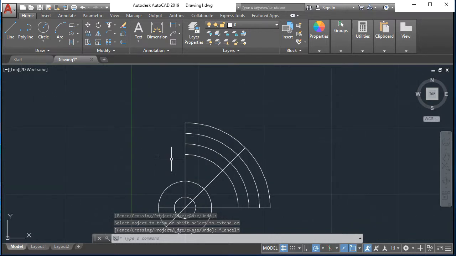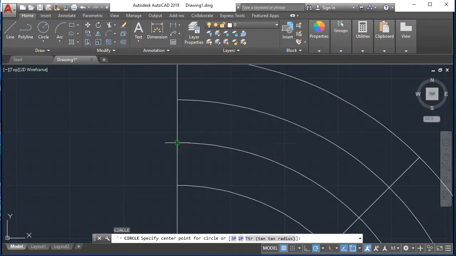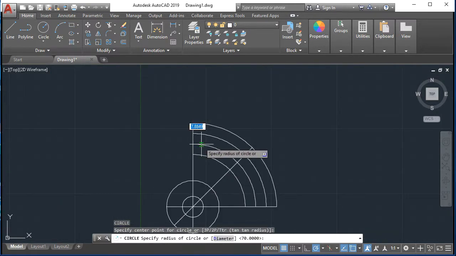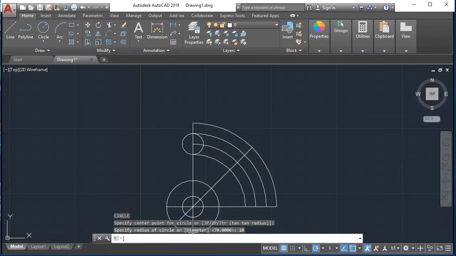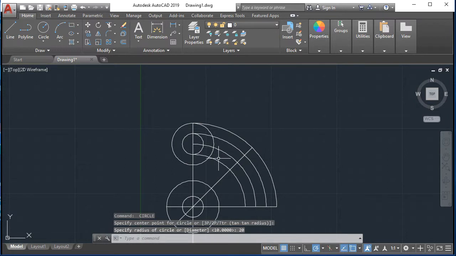Now again take the circle command. Enter, and this is the midpoint. This second arc's midpoint, with the radius of 10. And again circle with the same base point, radius is 20.